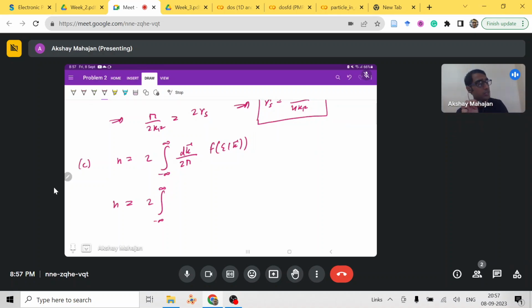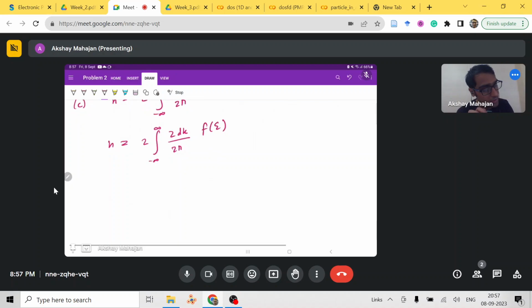This dk, initially it was the volume, then the area, and now it will be the length, so it will be 2 dk divided by 2 pi times f of epsilon. Again we will use the same relation, epsilon equals h square k square by 2m.